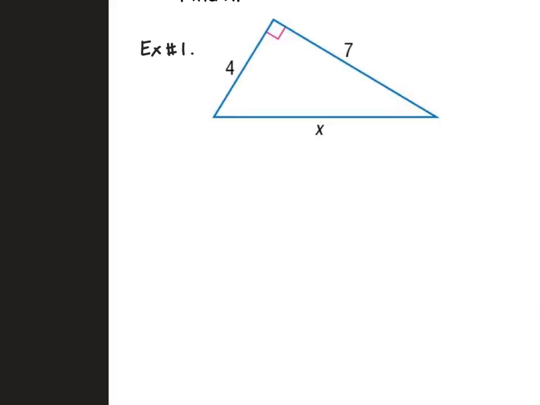So looking at example number 1, it might be easy for you if you would just label the parts of the right triangle as either a leg or a hypotenuse. And a quick tip, remember the right angle box always points towards the hypotenuse. So here, x is going to be the hypotenuse.